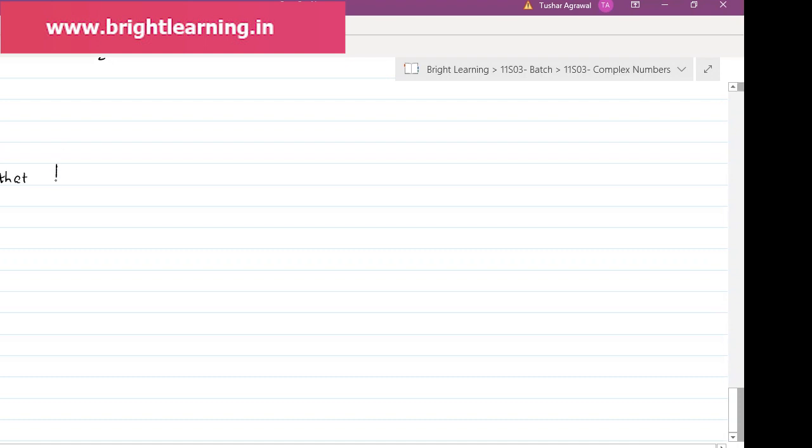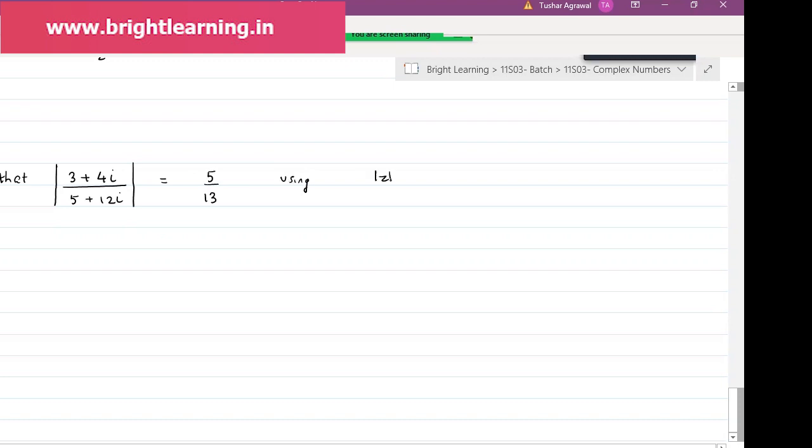Do that: modulus of 3 plus 4 times i upon 5 plus 12 times i is equal to 5 upon 13, using mod z is equal to the square root of real part of z square plus imaginary part of z square.